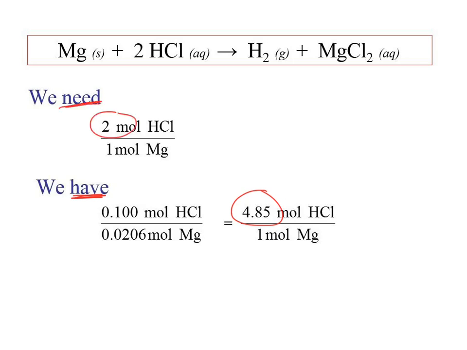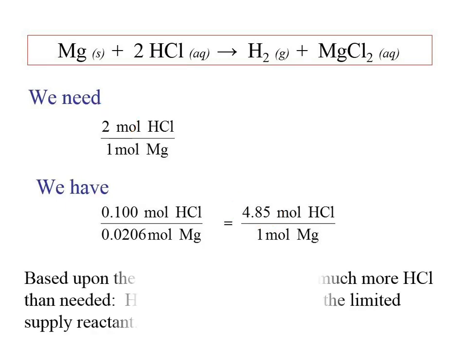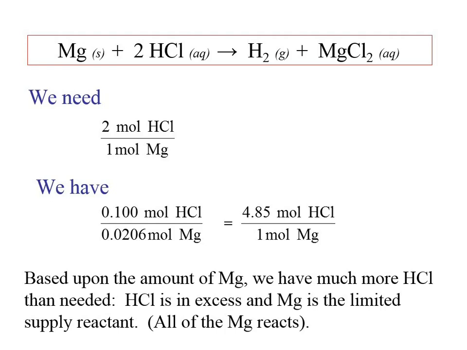So we have more. We have more of what? Well, we have more of HCl. Okay, that's how I do it. So that must mean that HCl is in excess, which is probably what you thought. HCl seems cheaper than magnesium. And it is in excess. So if HCl is in excess, then the one that we really care about is the magnesium, and it is the limited supply. Phew.